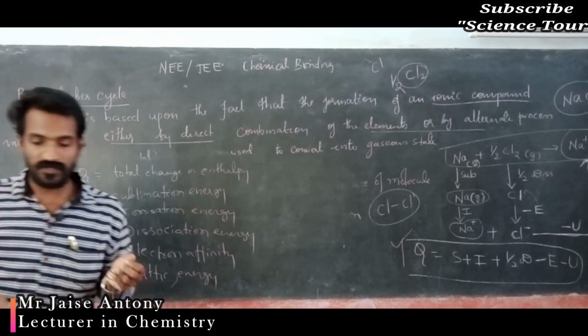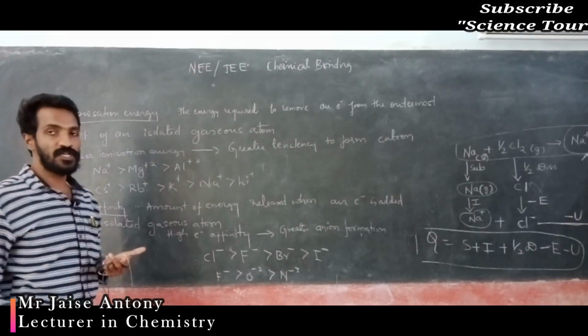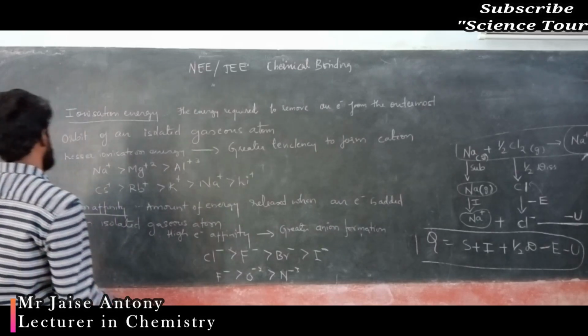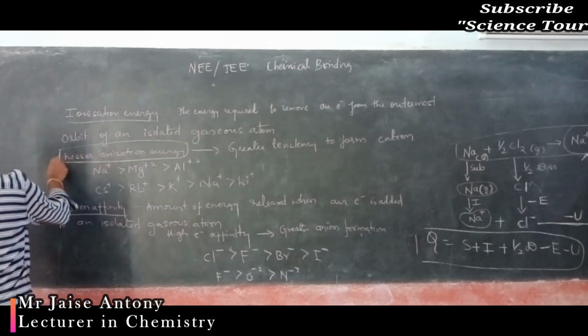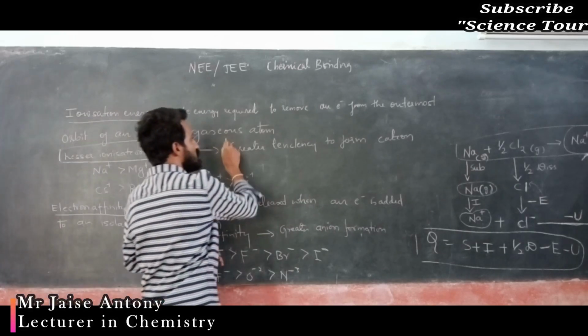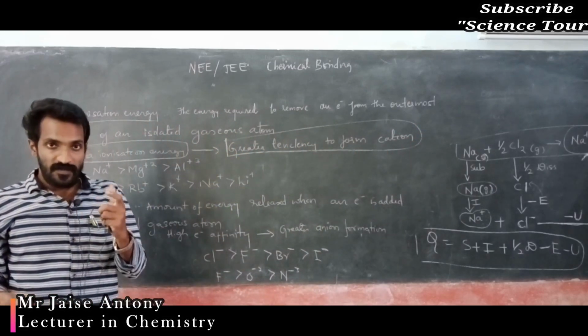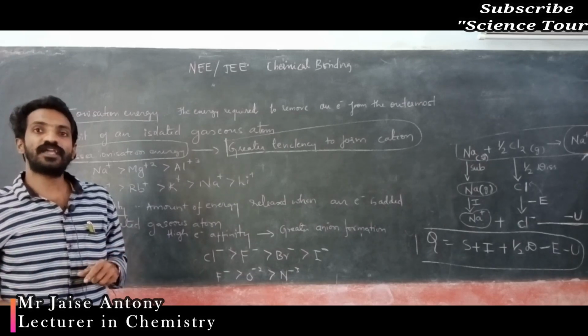Note down, my dear students. I already explained ionization: the energy required to remove an electron from a neutral gaseous atom is called ionization energy. Note down this point, my dear students: the lesser the ionization energy, the greater the tendency to form a cation. That means lesser energy is required, so it forms a cation more easily.